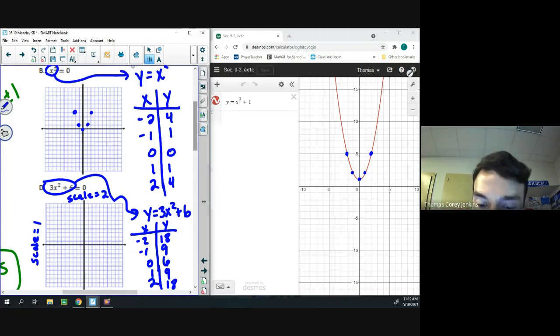So negative 218 just looks like negative 29. Negative 1.9 looks like negative 4.5. And 0.6 looks like 0.3. Easy solution to that problem.